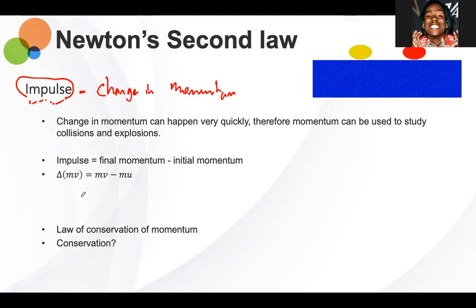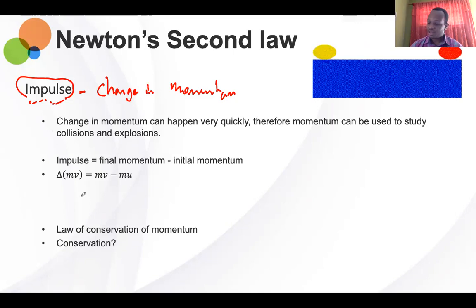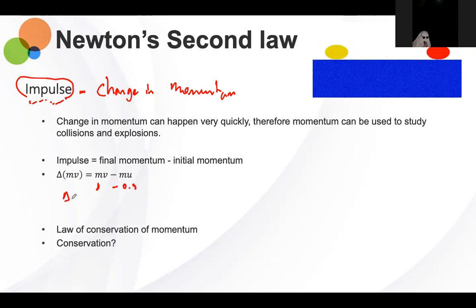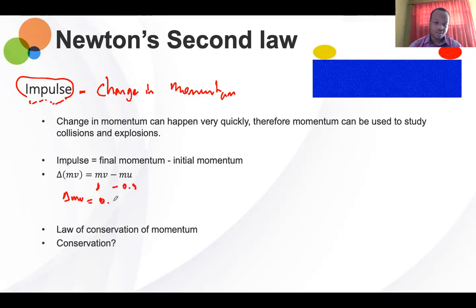The one that we just did, the final was at 1, and then the initial was at 0.5. So our change in momentum is 0.5. Right? Yes, sir.